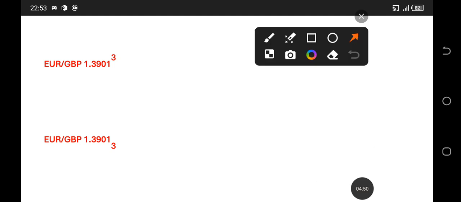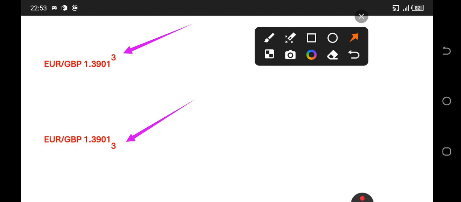So we have one currency pair here for explanatory purposes. These 3 above here and these 3 below are written in subscript and superscript.